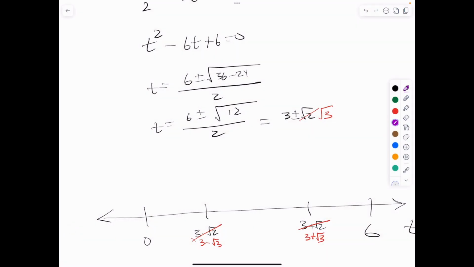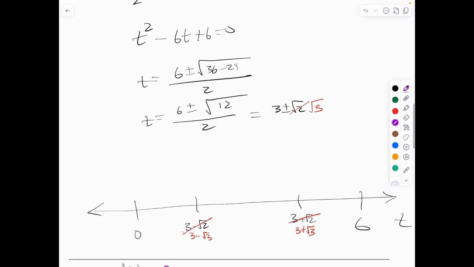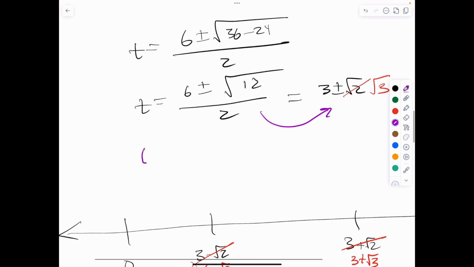Okay, so some of you probably noticed I made a mistake right here when I went from this step to this step. This wasn't 3 plus or minus radical 2, it's 3 plus or minus radical 3. Some of you have no idea how I got that, so I might as well show you. 3 times 2, of course, is 6, plus or minus 12, which is 4 times 3, so that'll be 2 radical 3.